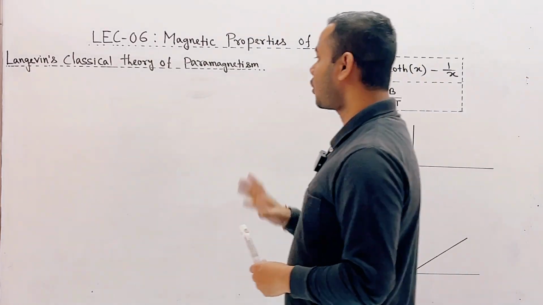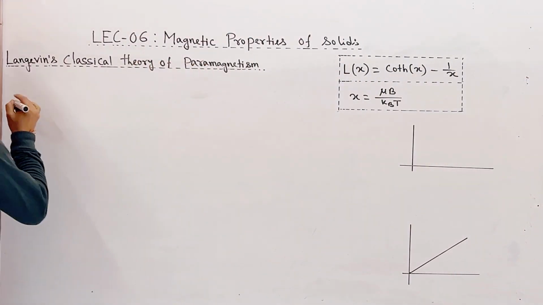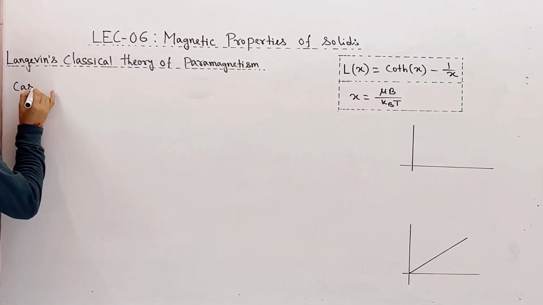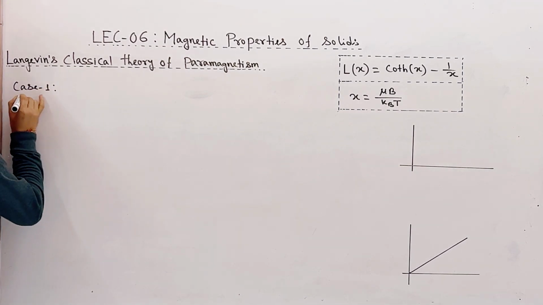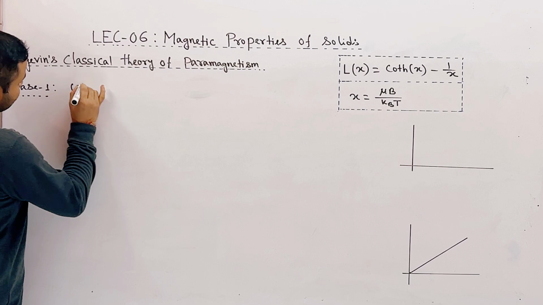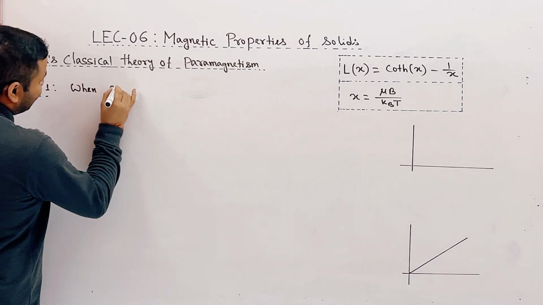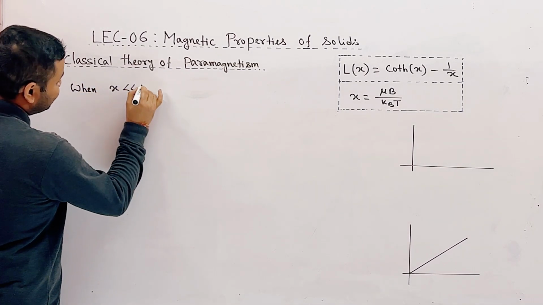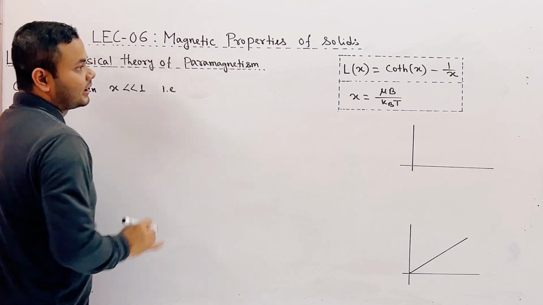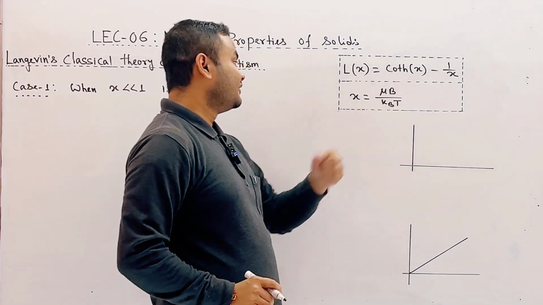Now let us take one special case. Case number 1. When x is very less than 1, that is mu B is very less than kBT.